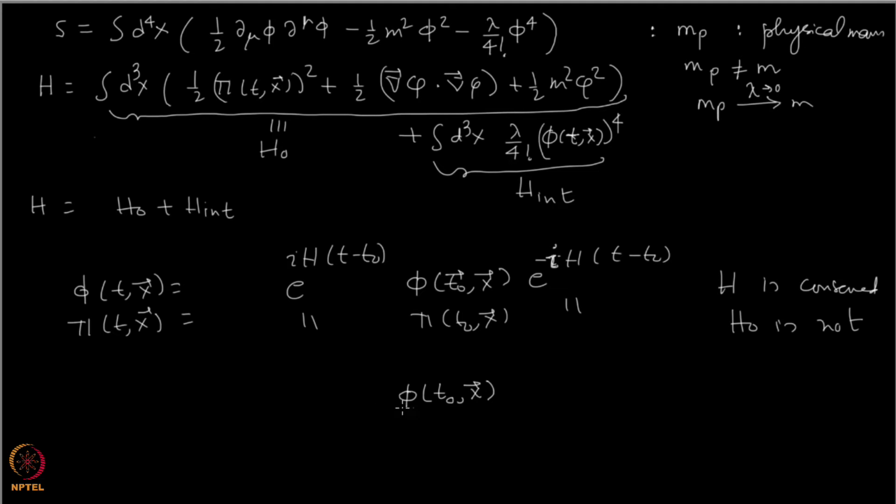Okay, actually I should say operator. Okay, these are operators now, and similarly I take pi at some time t naught, the momentum density operator, and instead of evolving it with full Hamiltonian, I evolve these two operators with the free Hamiltonian. Okay, so I do this.